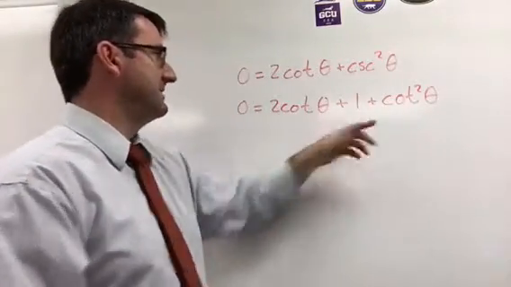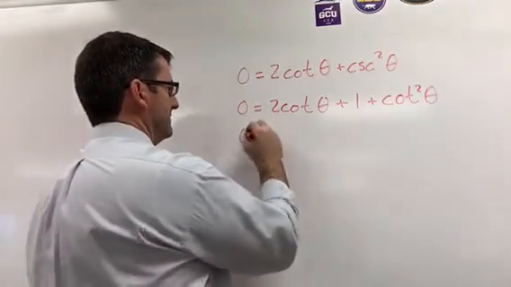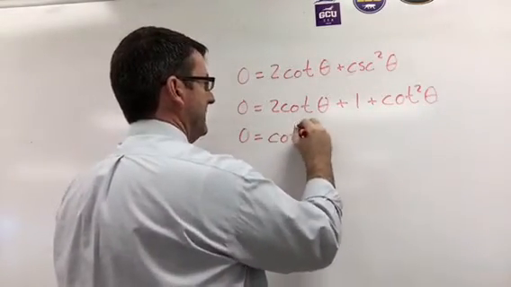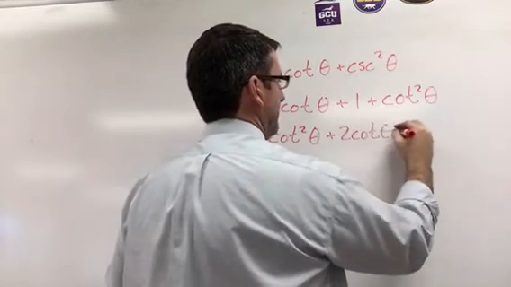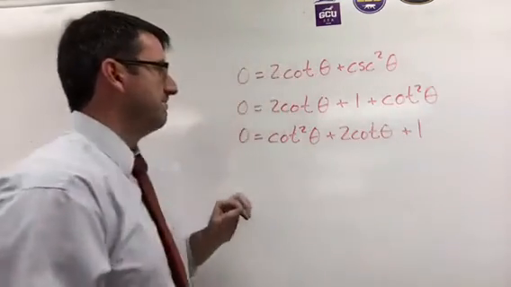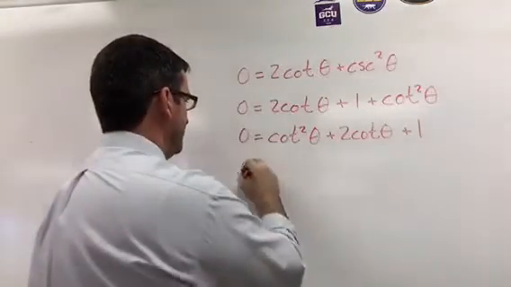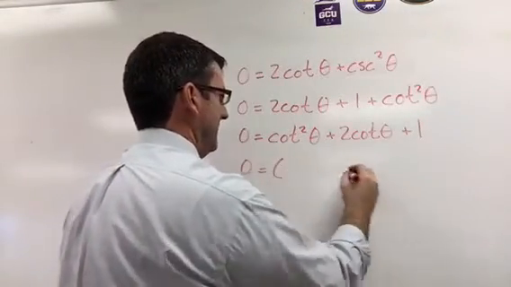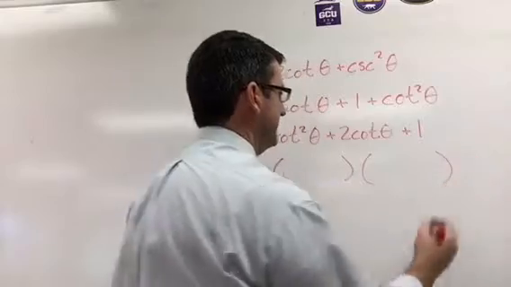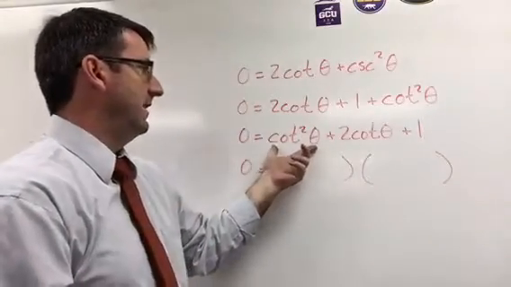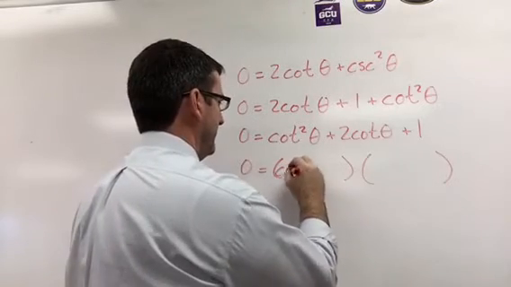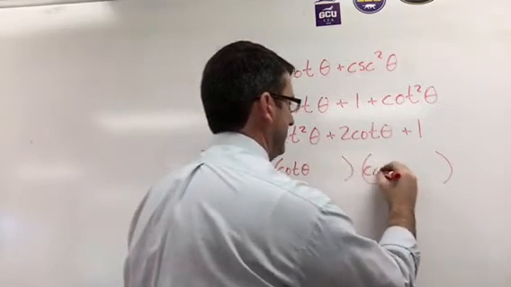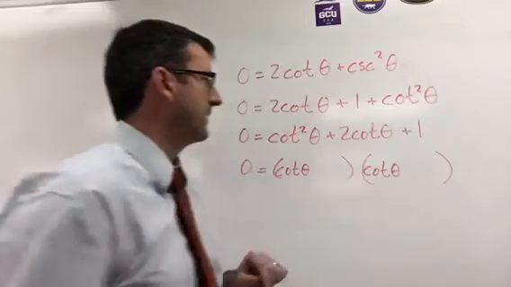Now let's rearrange this so that it's in standard form. So we get 0 equals cotangent squared plus 2 cotangent plus 1. Now we can factor that, so we get 0 equals, our parentheses here. In order to multiply to cotangent squared, we need our first terms to be cotangent of theta.